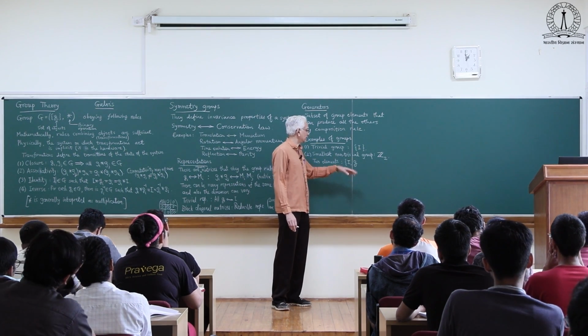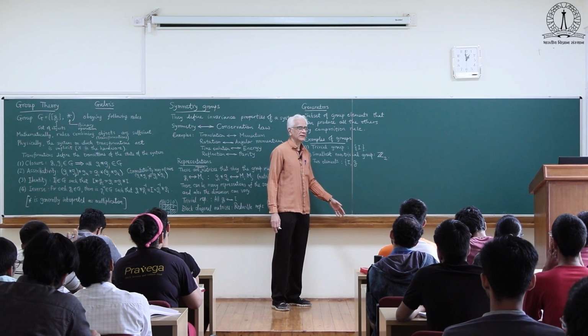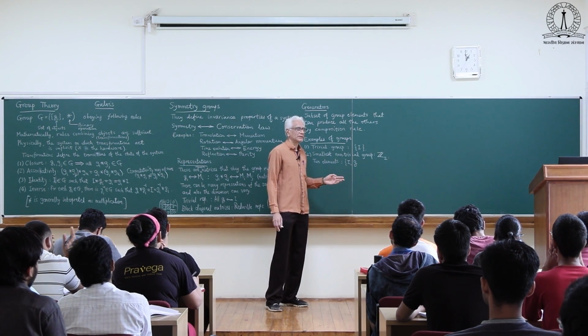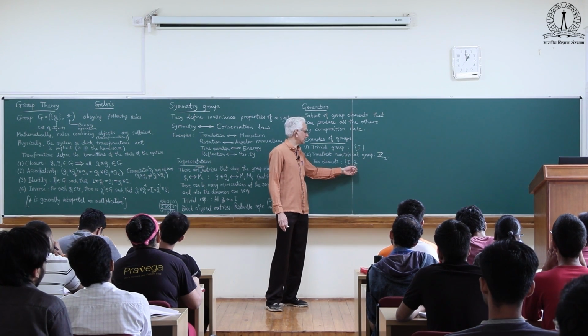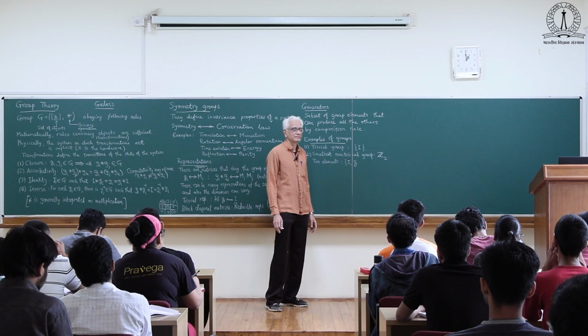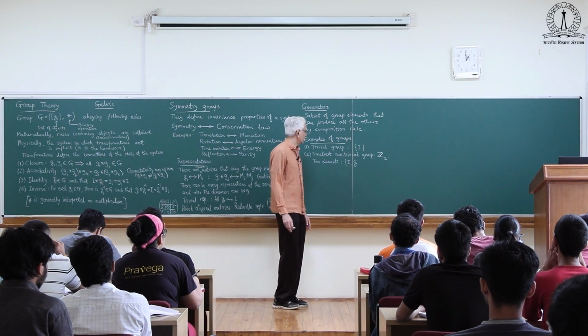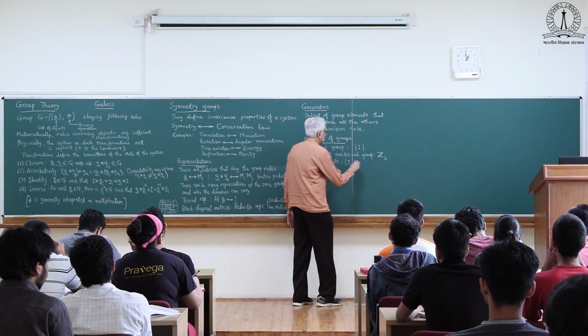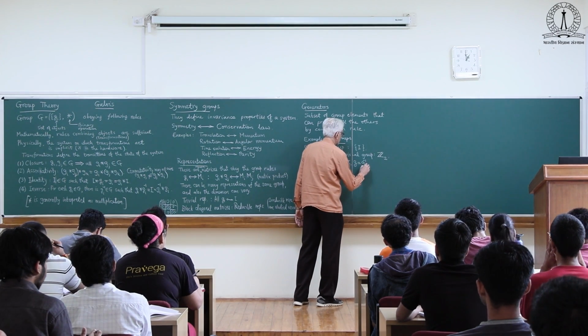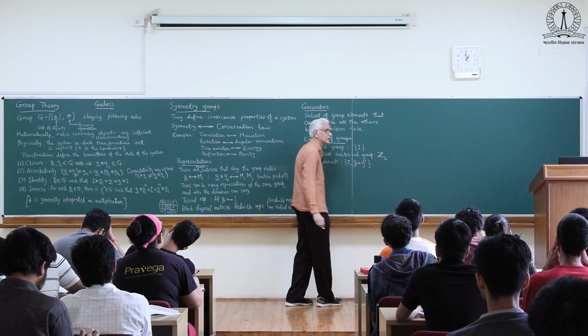G multiplied by G cannot be equal to G because the inverse exists. So the only possibility is that G multiplied by G gives me identity. There is no other choice. And so this object is its own inverse.